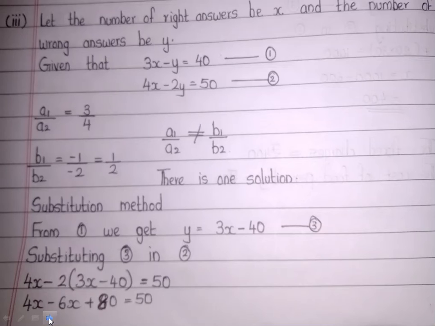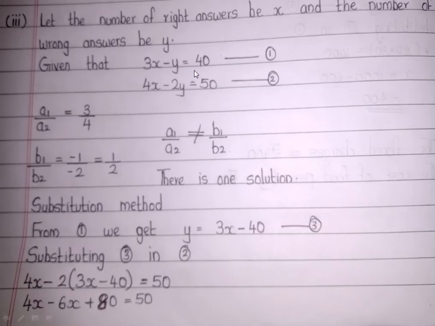Now you are asked to check whether they are having a unique solution or not. So we'll check what is a1 by a2 and b1 by b2. Here you can find that a1 by a2 is not equal to b1 by b2. Here you don't have any variables without coefficients. So we will go for substitution method.